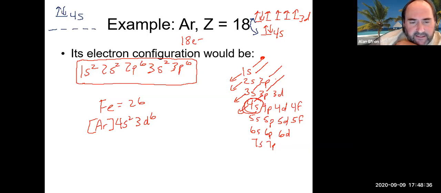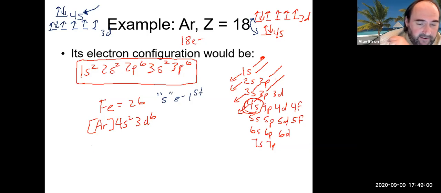That affects which electrons will actually be lost when a transition metal loses electrons. When we lose electrons, we always lose the highest energy electrons, and for transition metals and transition metals only, they will always lose the s electrons first.